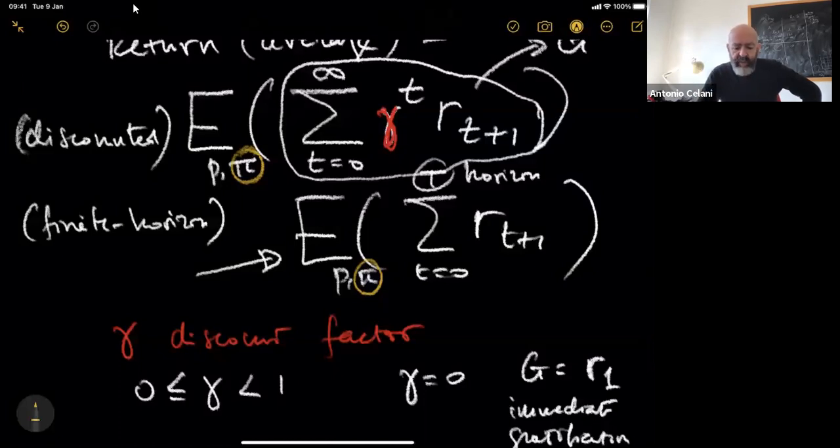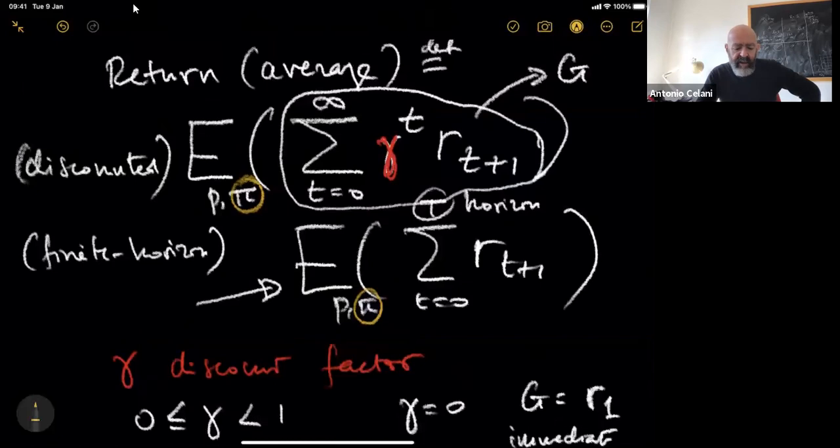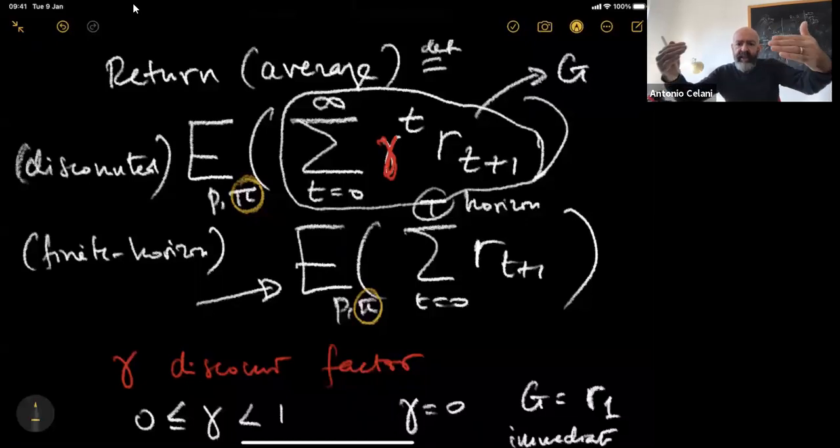These two approaches stand out for their theoretical simplicity, because in the first case, this will be the key for us to do what is called dynamic programming. That is starting from the end of the episode and building up the optimal solution by going backwards in time, which is one important key.